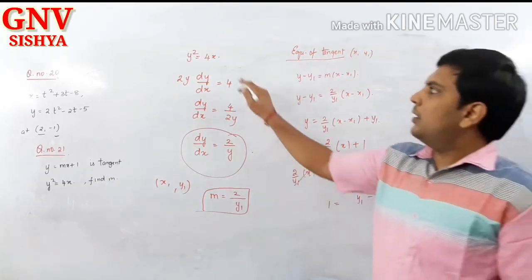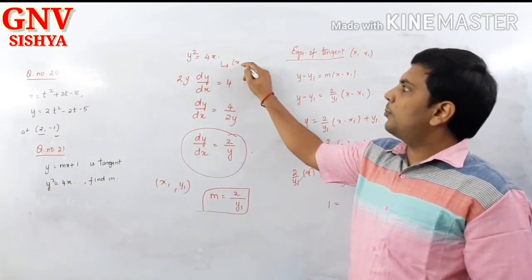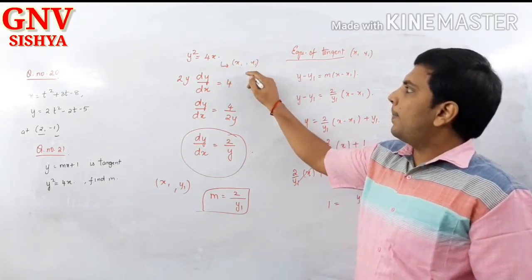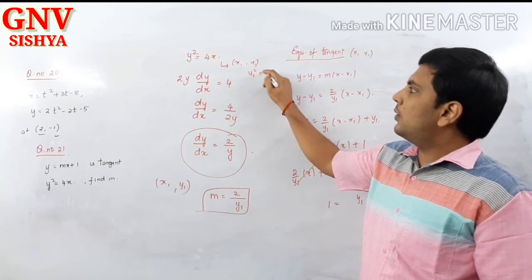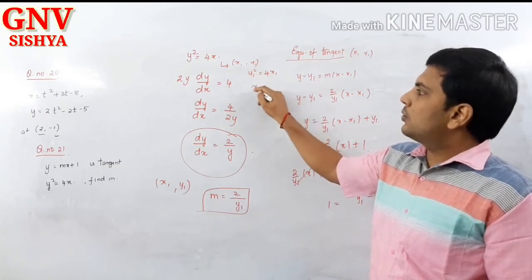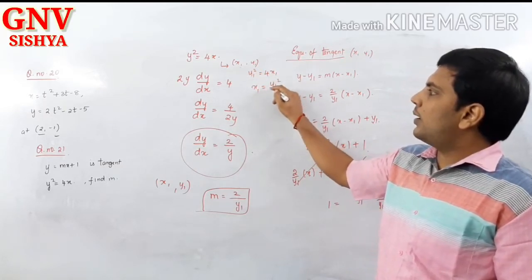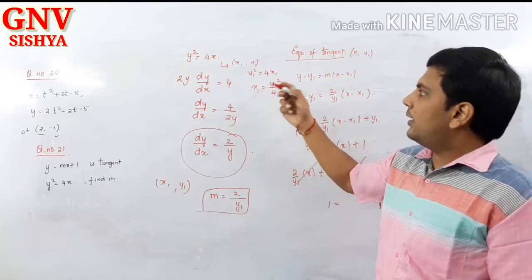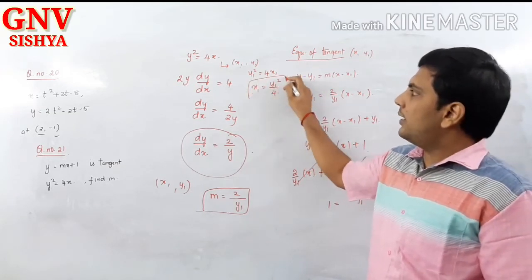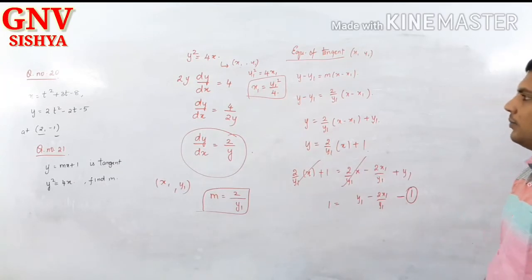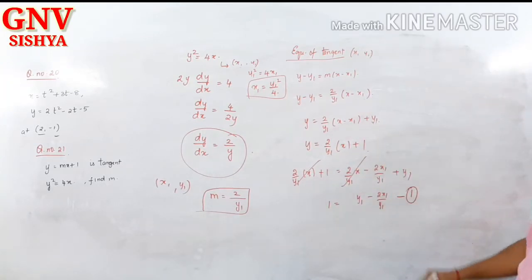Now please listen. If I substitute that x1, y1 point into the curve, what will happen? y1 square is equal to 4x1, correct? So x1 is equal to y1 square by 4. Anyway, I need y1, so now I am substituting x1 equal to y1 square by 4 here.